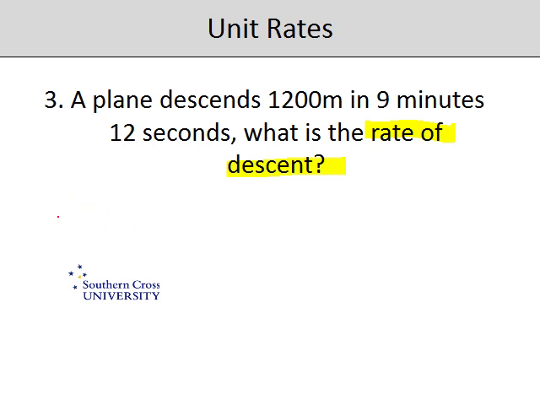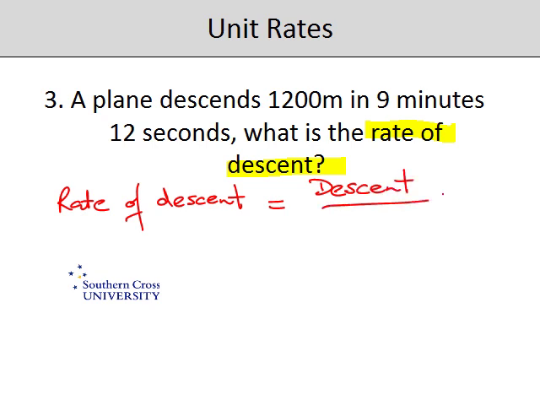So the rate of descent is equal to the actual descent quantity or distance divided by time. Now, this one's a little bit tricky.